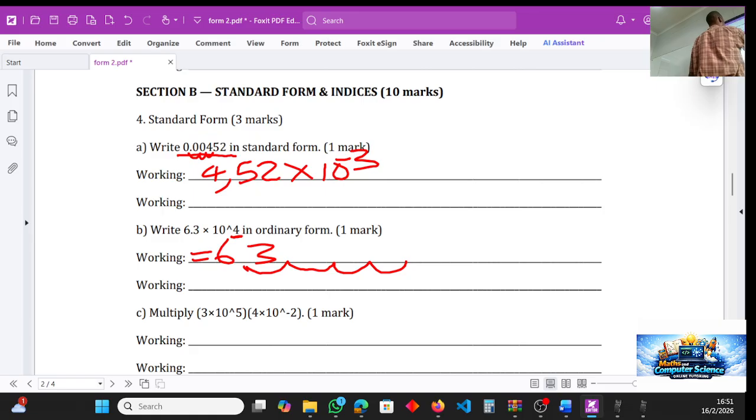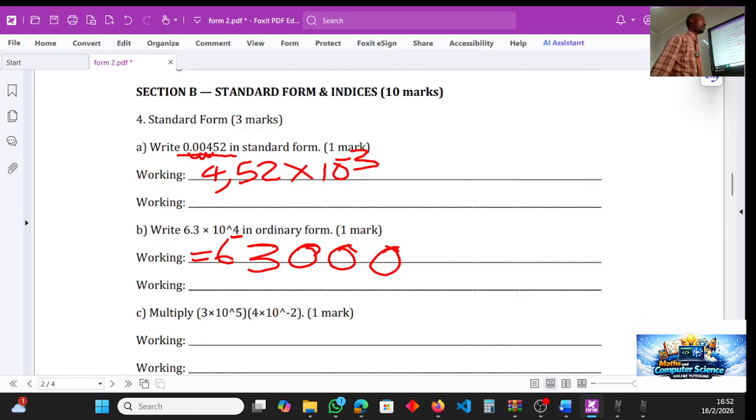Because there's nothing there, we then put zeros like that. This process needs to be done using a pencil, so that when you are done with the location of your comma position, you then erase the pencil so that your work is neat. So let me rewrite the value as 63,000.